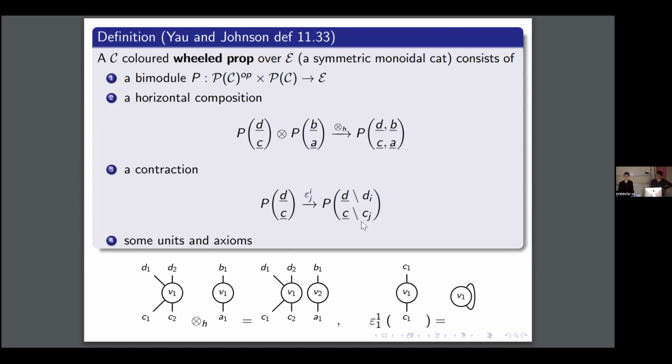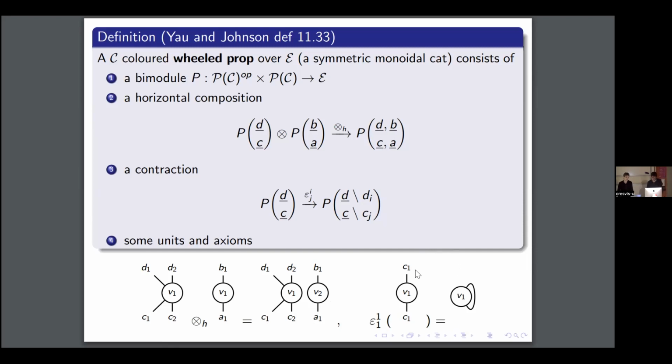And as an example of the wheeled prop, again, we can consider the underlying bimodule being these sets of graphs, and an example of a horizontal composition and a contraction on graphs is given below. In the first example, we're horizontally composing two fairly trivial graphs, which are just vertices with some output flags, forming a new graph with two vertices in which we've adjusted the order of the second graph in the obvious way.